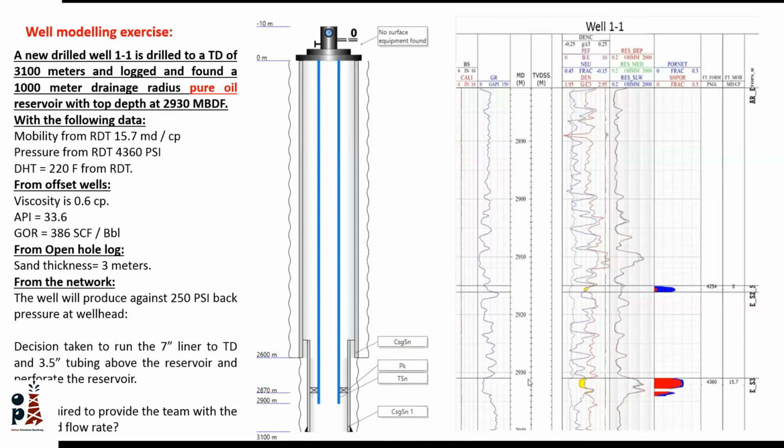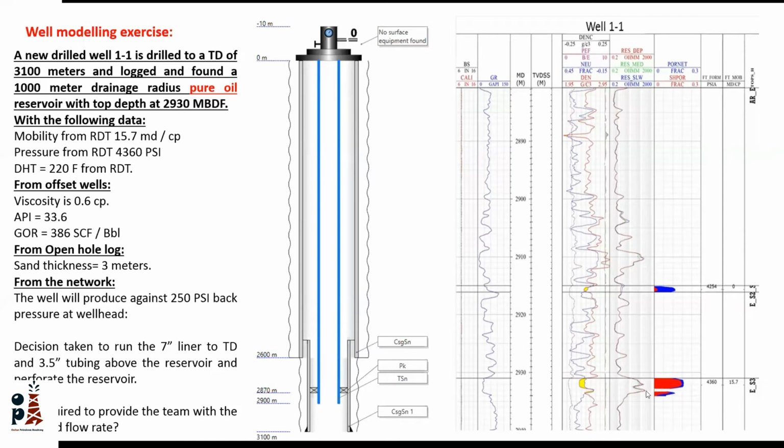The API is 30 degrees, and the gas oil ratio for the fluids is 386 scf, which is standard cubic feet per barrel. And from the open hole log we found that the thickness of this sand is only 3 meters thick.